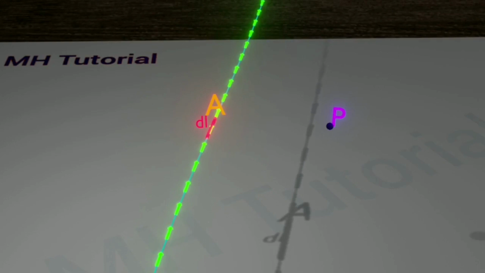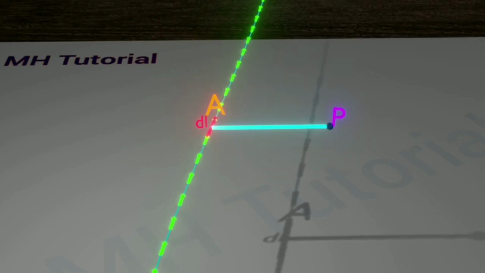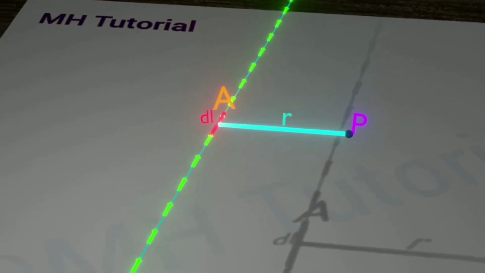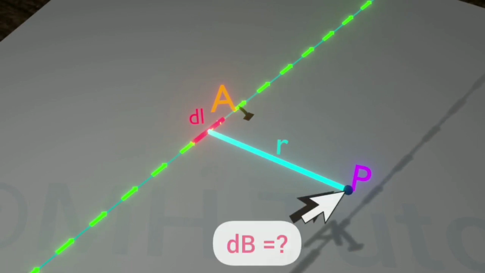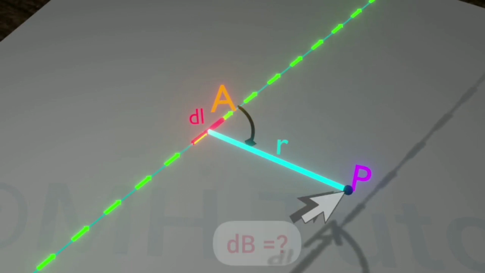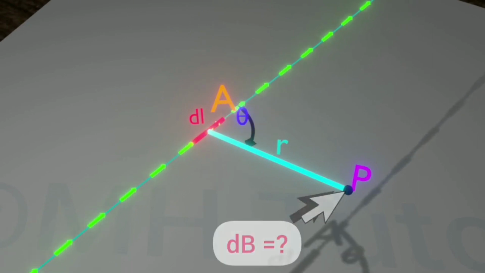Let us concentrate on this portion of the wire, dl, about the point, A. Distance between point A and point P is r. We shall now calculate the magnetic field at point P due to this small portion of the wire. So, let's start.